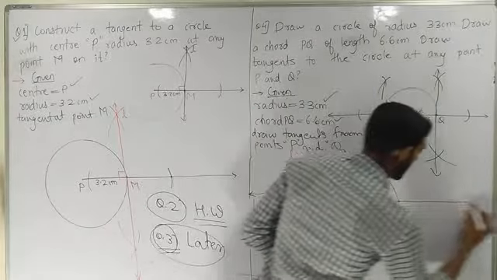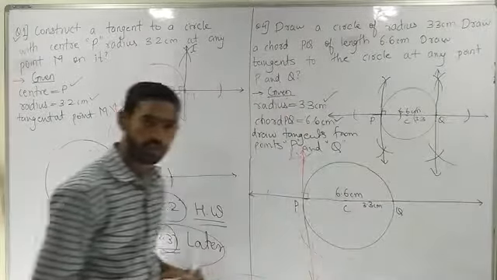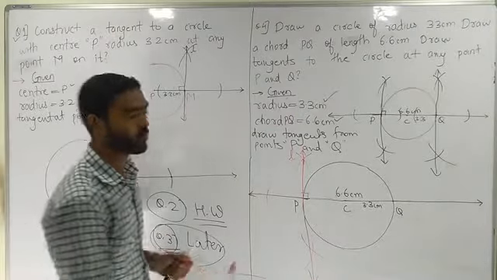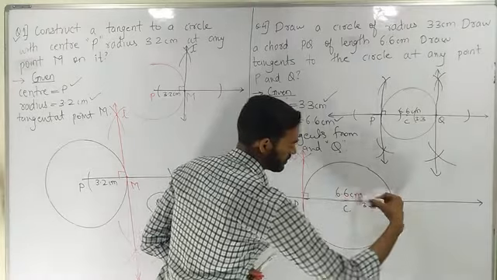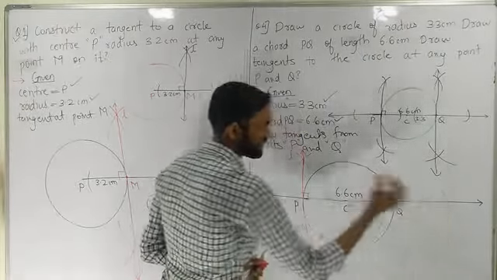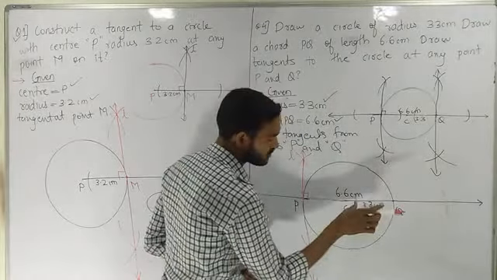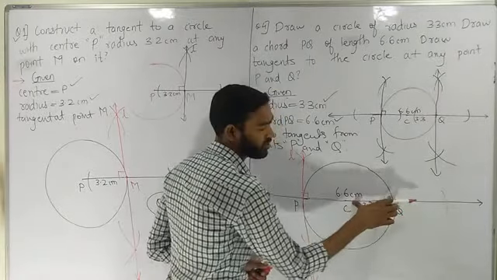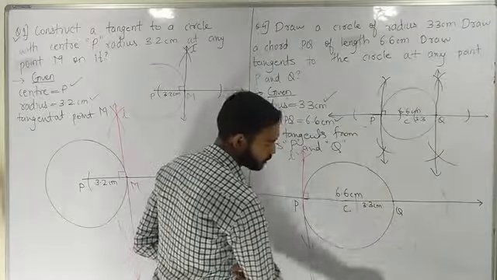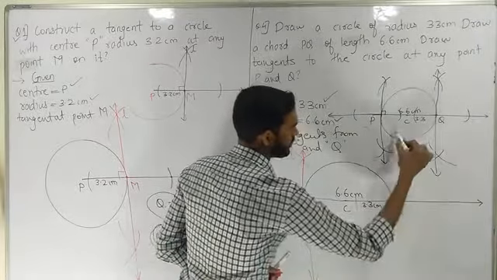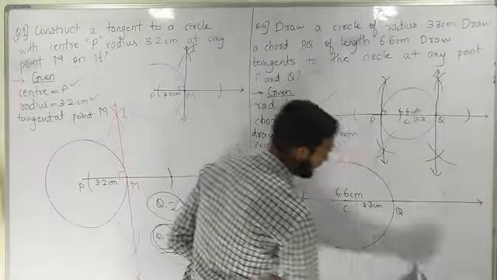Now same thing, I need to draw another tangent from point Q. So I'll extend this point Q first, right? Next, from Q, I'm keeping my rounder at Q, less than radius, one on the right side, one on the left side. Now again I'm getting 2 arcs, so I'm keeping on 1 arc, approximately more than half. 1 arc upward, 1 downward. Same thing from the other point, 1 up, 1 down.